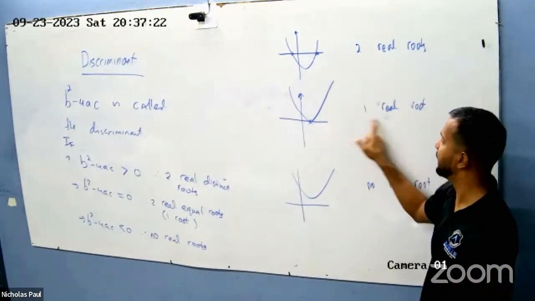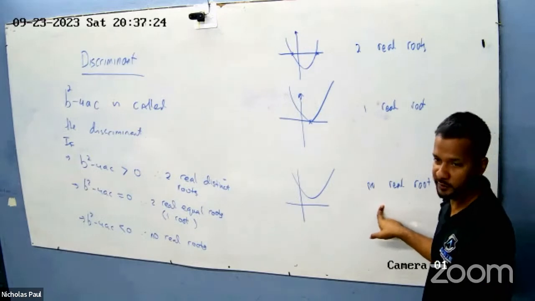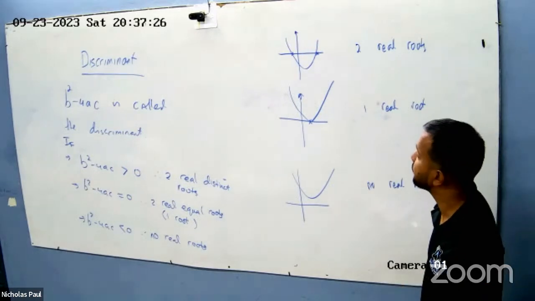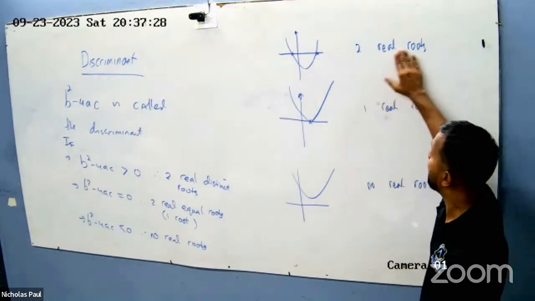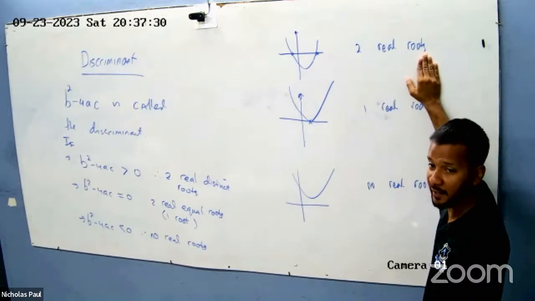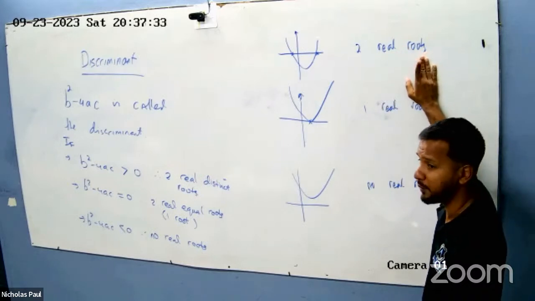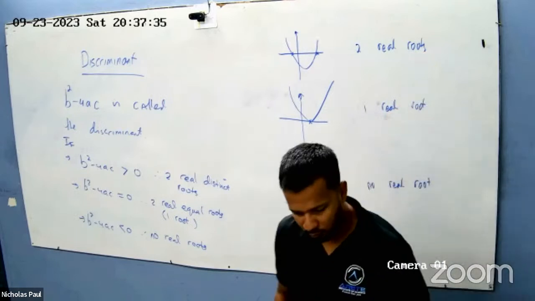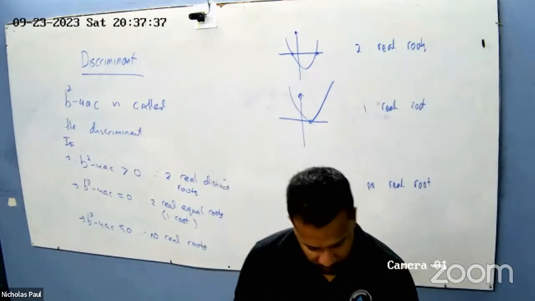This is the way you represent one real root, and no roots. Remember, roots mean where it cuts the line, and that's what roots mean. Any questions online?